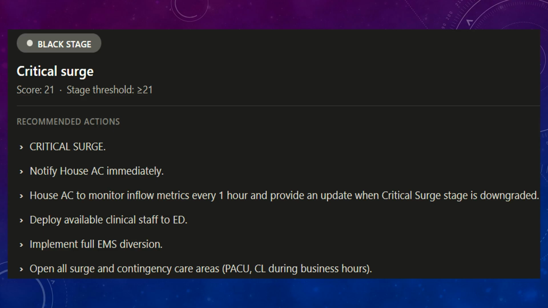One last thing I'll say about the tool itself is that these are recommended actions. These are not necessarily me or anyone else saying you have to do every single step on here, because it may be that not all of these steps are germane to the source of the problem.